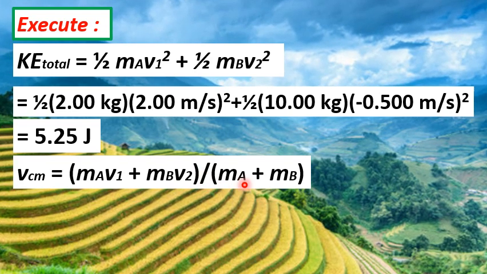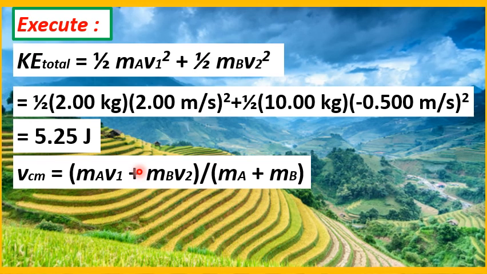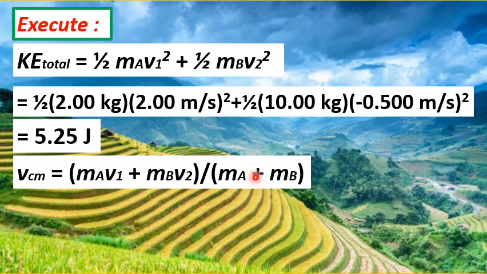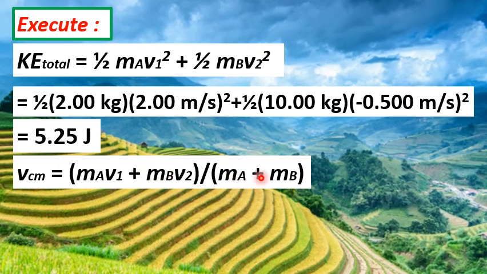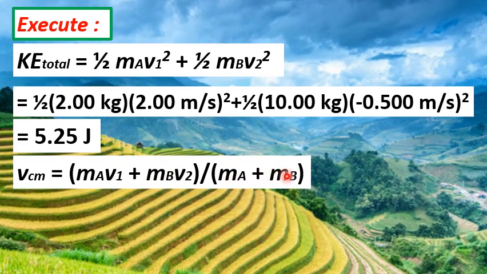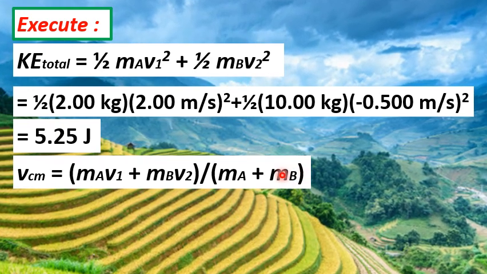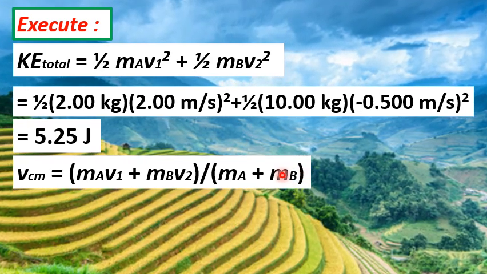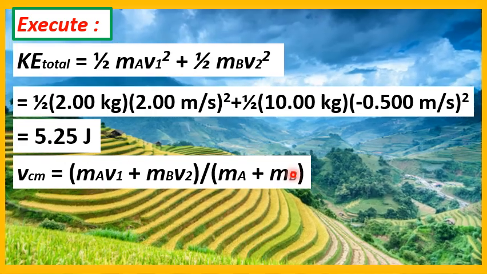If you recall, this is also the formula in finding the common velocity of two objects after they collide in what we call a perfectly inelastic collision.